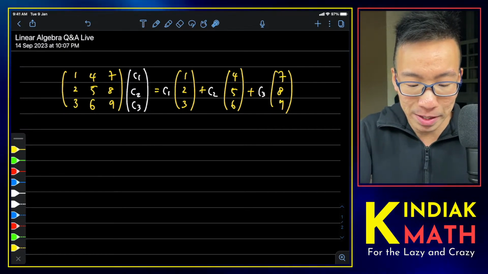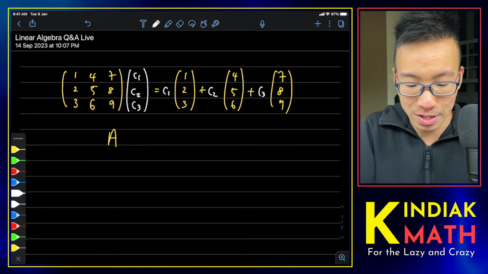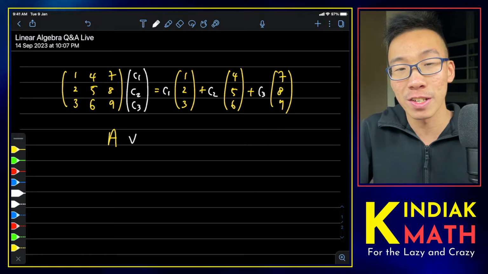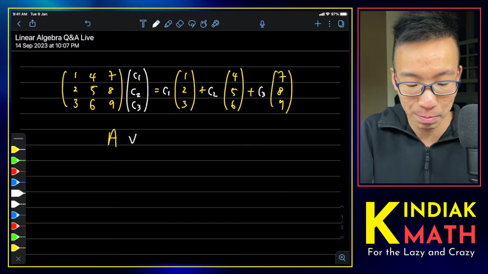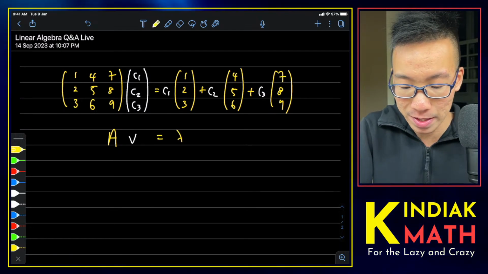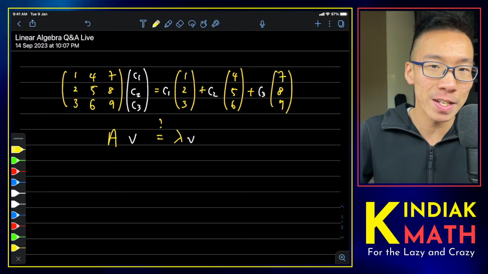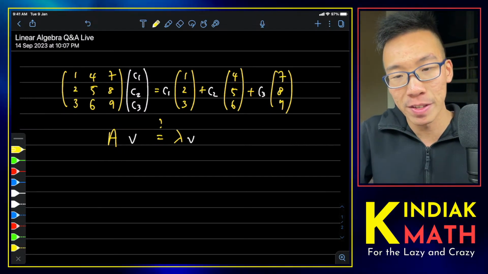Wouldn't it be nice if we could find a vector such that matrix multiplication turns out to be scalar multiplication? Could this somehow be possible? If it is, we would say that V is an eigenvector.